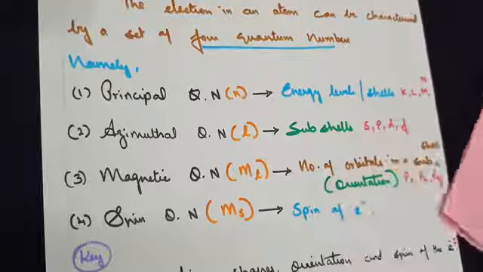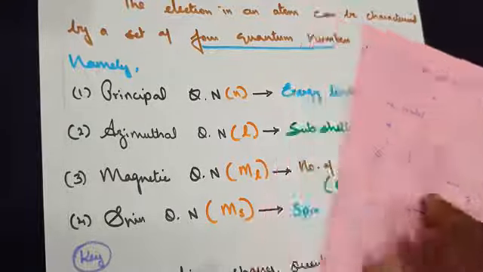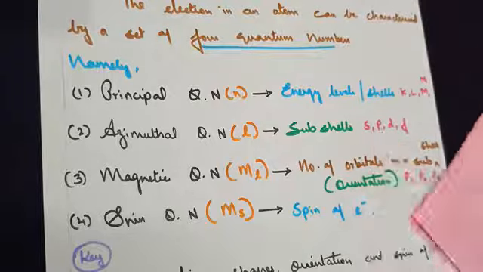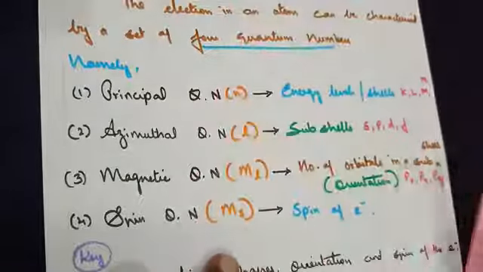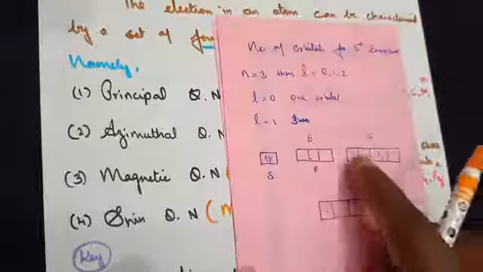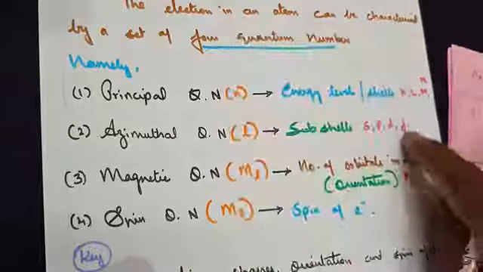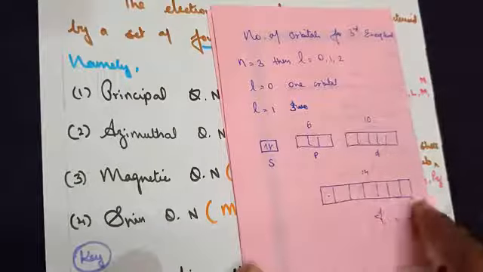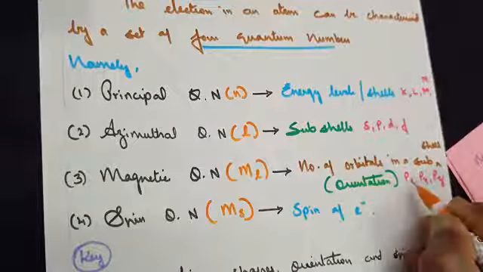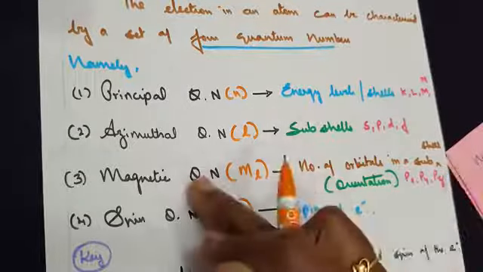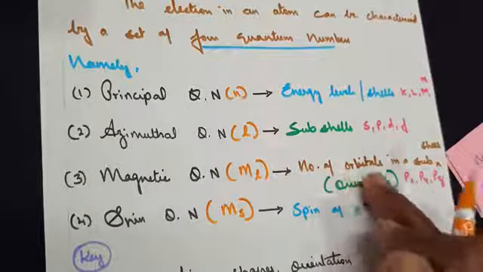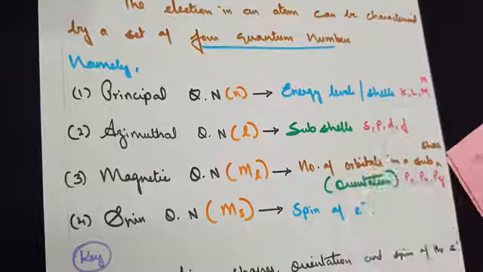So when we say s, only one orbital will be there. P, when you say, there will be 3 orbitals. D, when you say, there will be 5 orbitals. F, when you say, there will be 7 orbitals. Usually their orientation, the magnetic number, will give us the orientation of the electron along the axis.